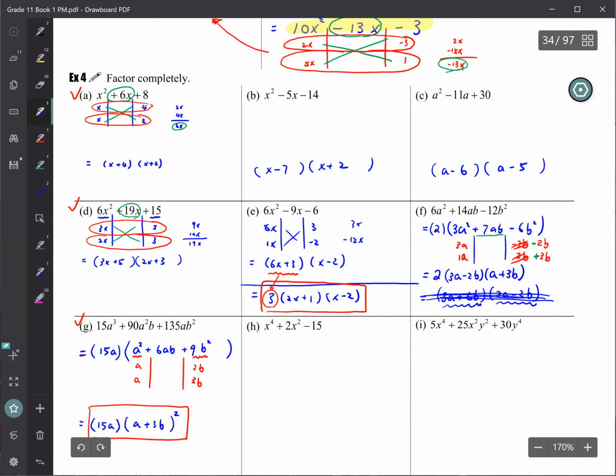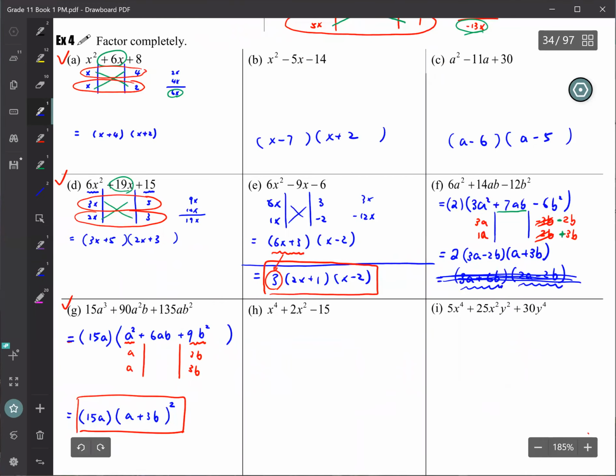Okay, question H. Okay, Harry, what's your answer for H? Harry? Yes. Bracket x squared plus 5, bracket x squared minus 3.